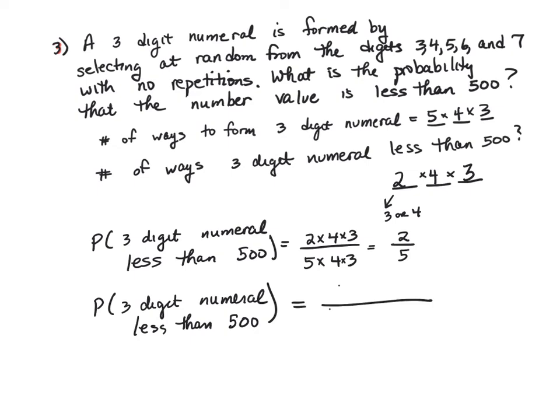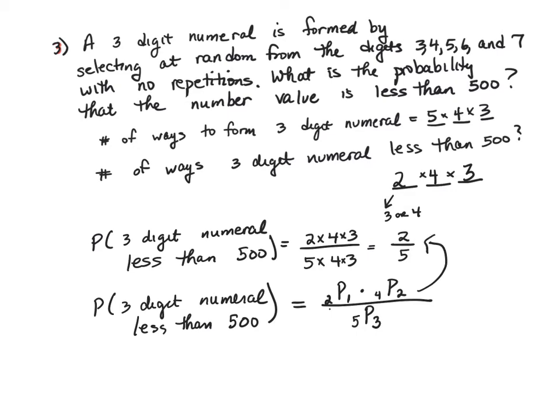So we have to pick one number from the 2. Think about how many numbers we have to pick and how many there are in the restriction. And then we have 4 numbers left over and we have 2 left over to pick, which would make a total of 3. Divided by the total number of ways to form a 3-digit number from 5.